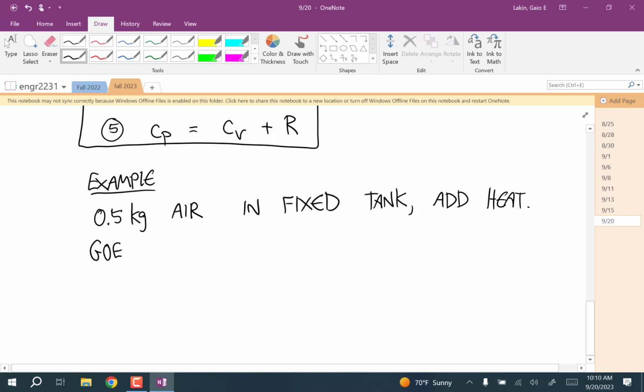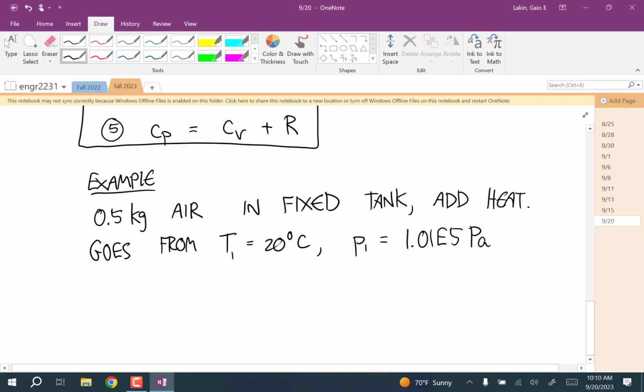And it goes from a temperature T1 of 20 degrees Celsius and a pressure P1 of 1.01 times 10 to the 5th pascals.